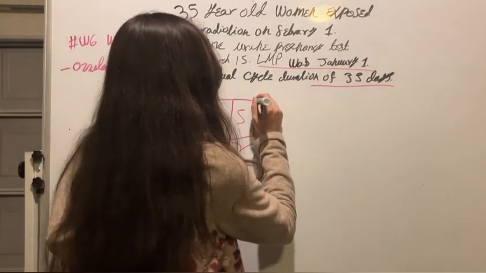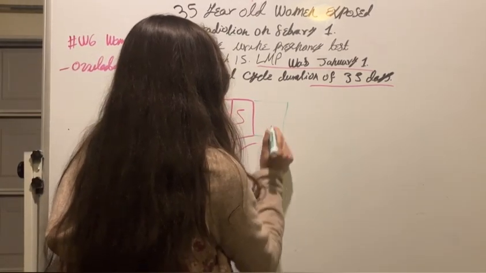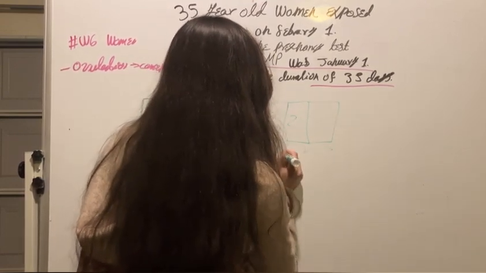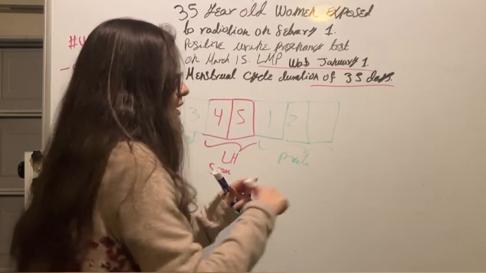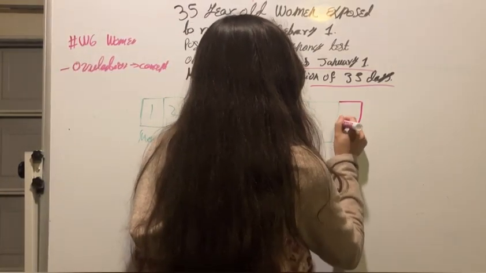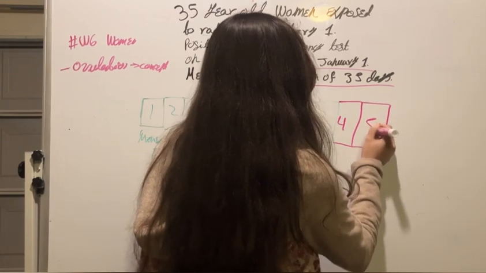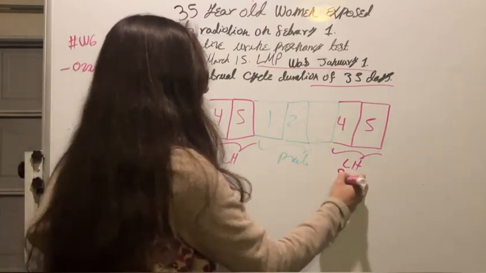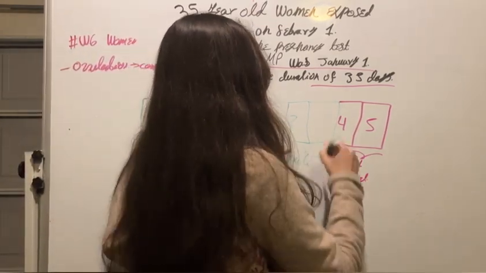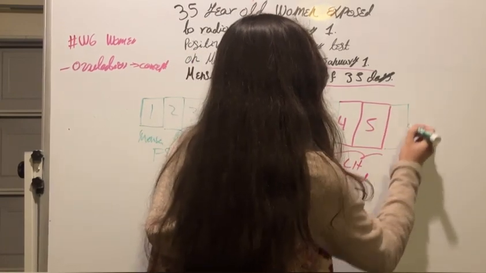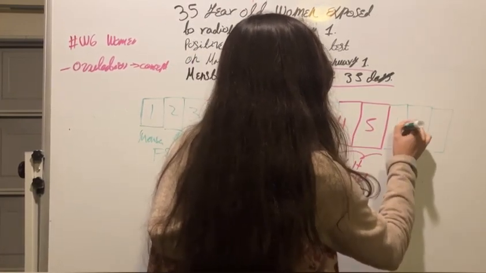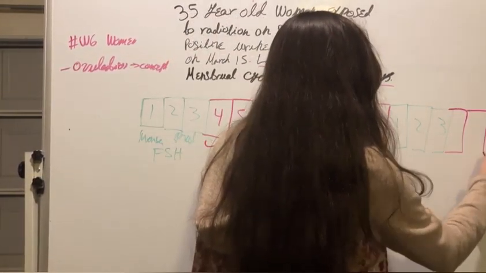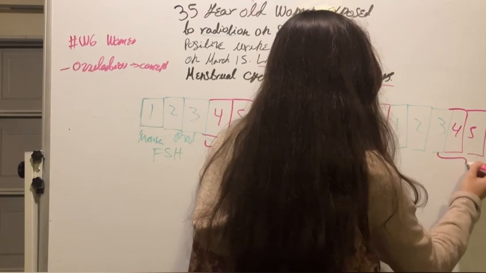Again, another cycle would be week 1 of the menstrual cycle, week 2, week 3, all this is proliferative phase or FSH phase. This is week 4 of the menstrual cycle, week 5. These 2 weeks are the LH phase or secretory phase. And let's put another one. Week 1, week 2, week 3 of the menstrual cycle, the proliferative phase, and then the 2 weeks of secretory phase.